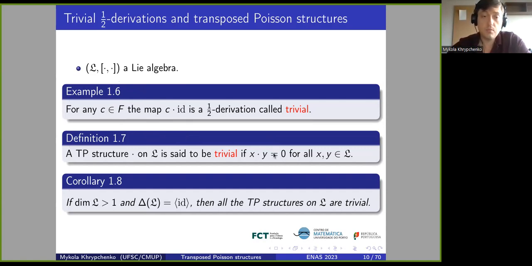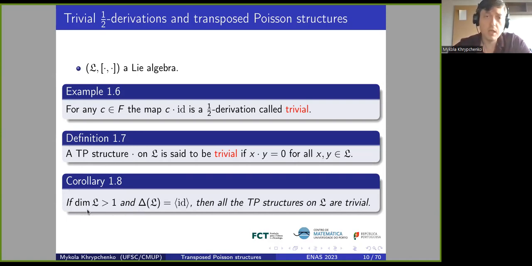Why is this so? Because there is this important corollary, which, in fact, you can call a lemma, that if the dimension of your algebra is greater than 1, and all the half derivations are trivial, then all the TP structures are trivial. This holds for any Lie algebra of dimension greater than 1.